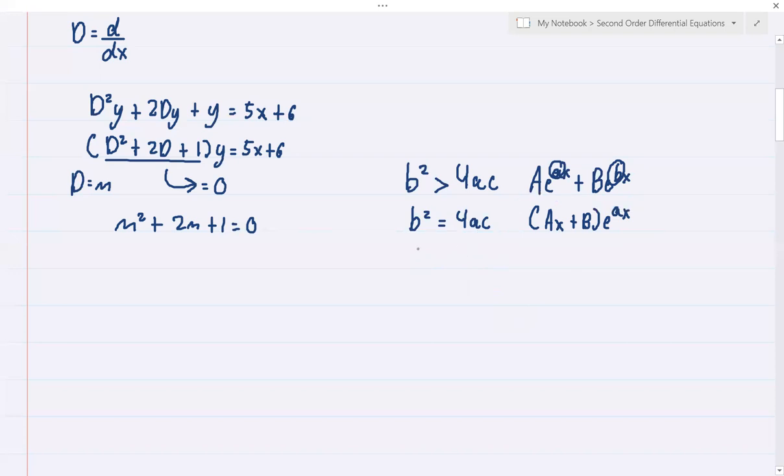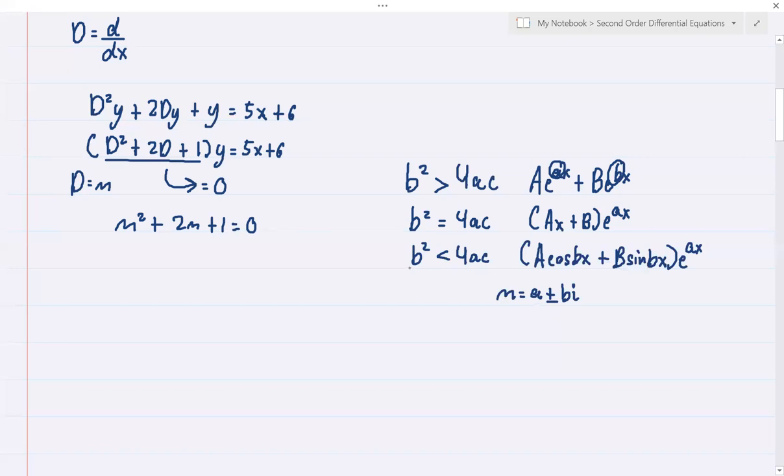And lastly, what if the value of your b squared is less than the value of your 4ac? Therefore, you're going to use this as your u function, which is a times cosine of small bx plus b times sine of small bx, times e raised to small ax, where your m is equal to a plus or minus b times your imaginary number.